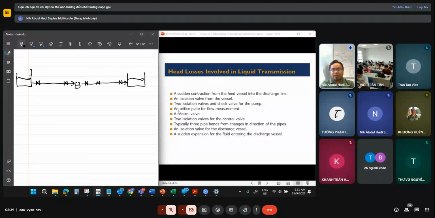We also have an orifice plate for flow measurement, and we also have a control valve. Let me remove this part first because I don't have enough space.